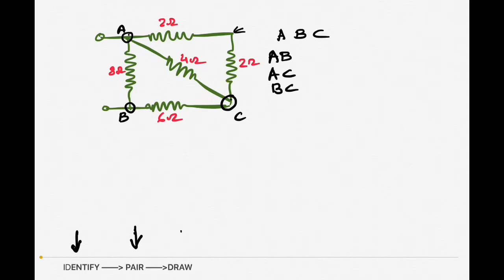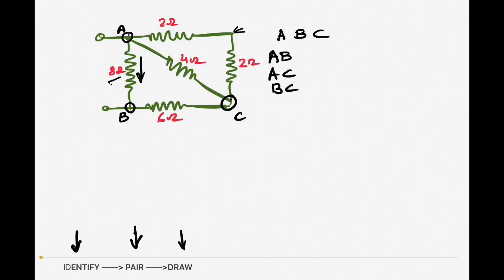The third step is drawing the direct path element in between the junctions. So what is the direct path? If we consider the first pair A and B, the direct path in between A and B is only through 8 ohm.